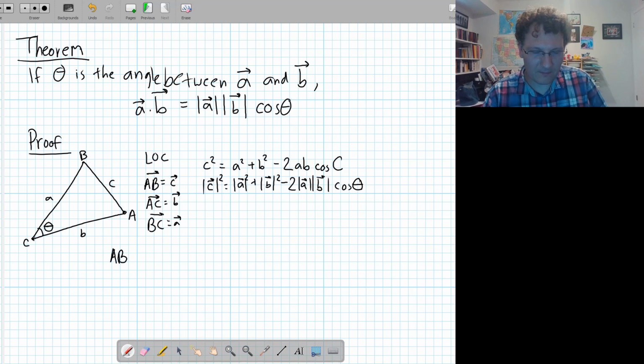Here, AB is the same as AC minus BC. That's something we want to identify, because the vector AB is going from A to B, and to go from A to B, you'd have to go from A to C and then from C to B. The vector going from C to B is just the opposite of BC.